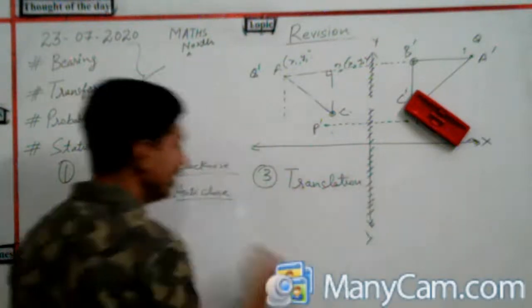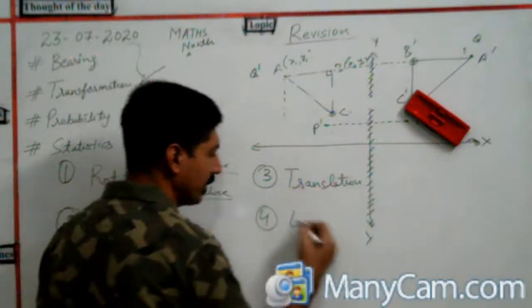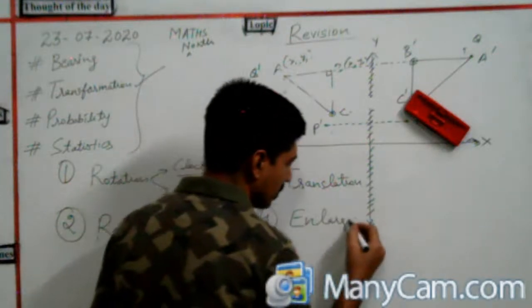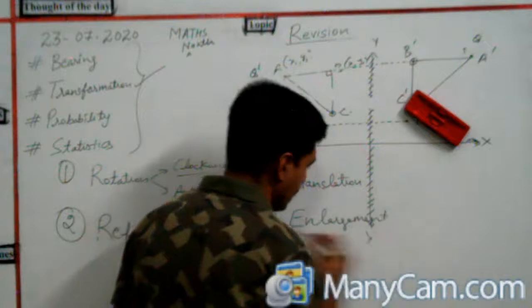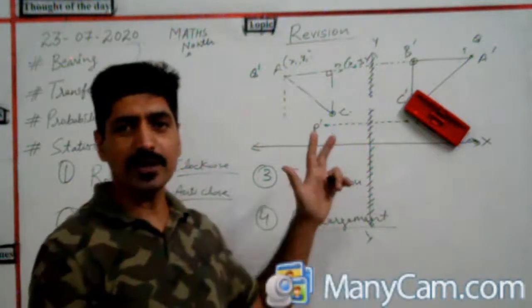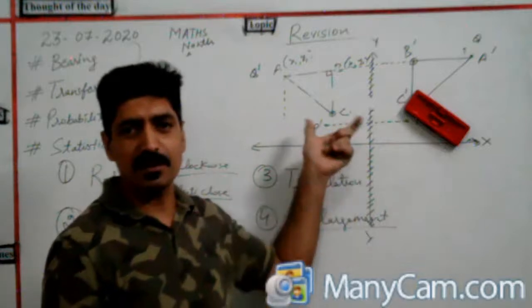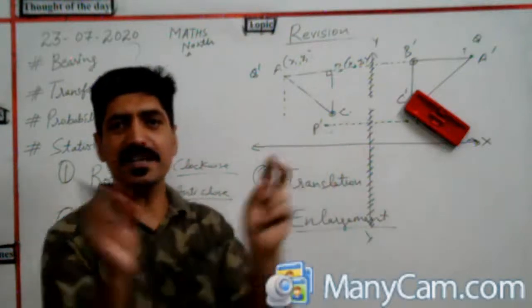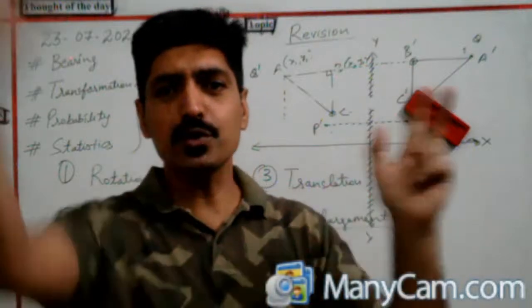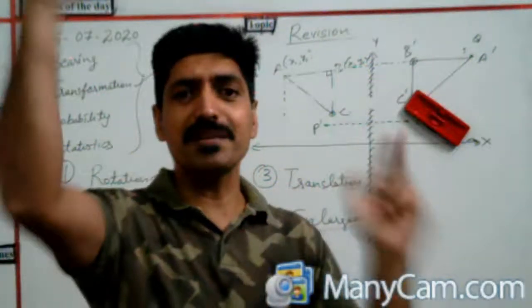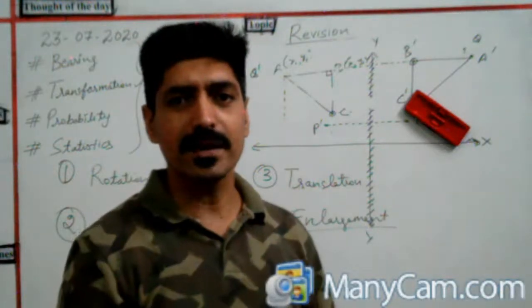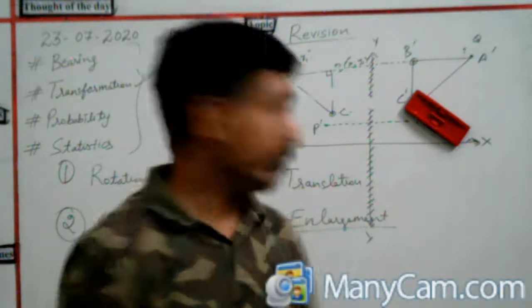And the fourth one is enlargement. It means like the scale factor, like when we are plotting two ships on the page, the distance in the two ships was 15 centimeters, but in actual the distance is 15 miles. So that is what enlargement is, right?